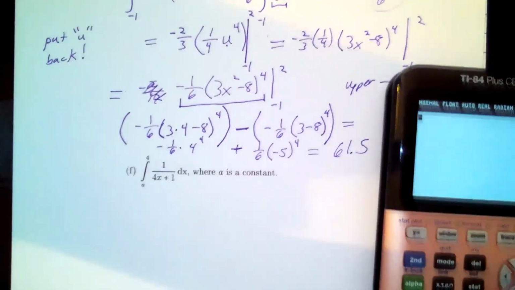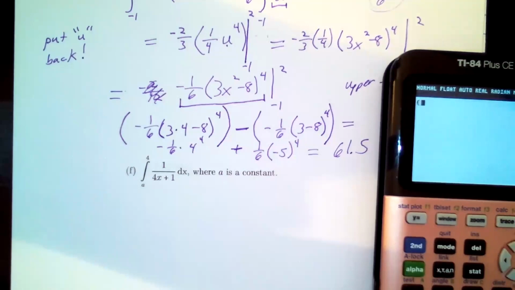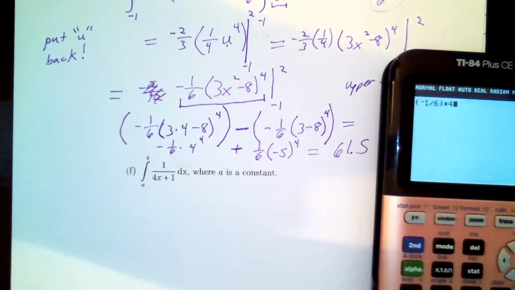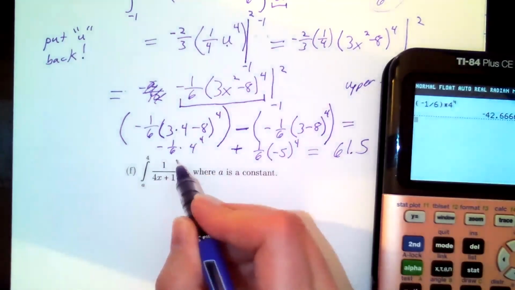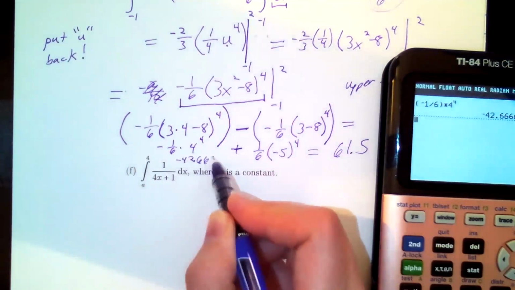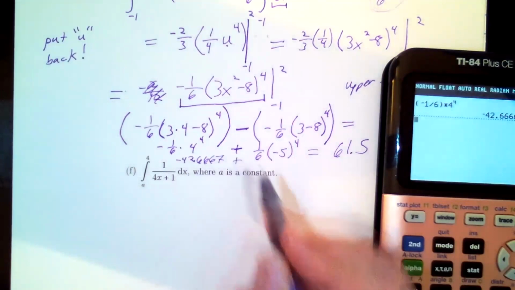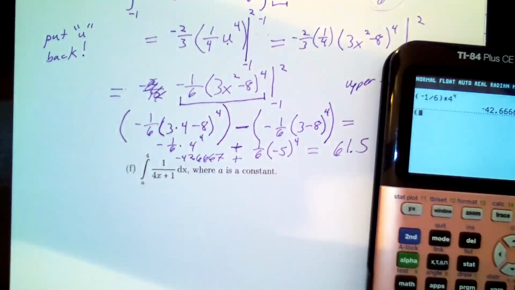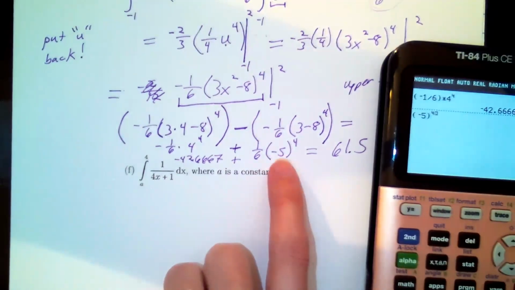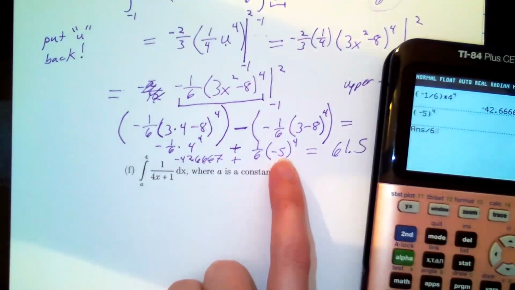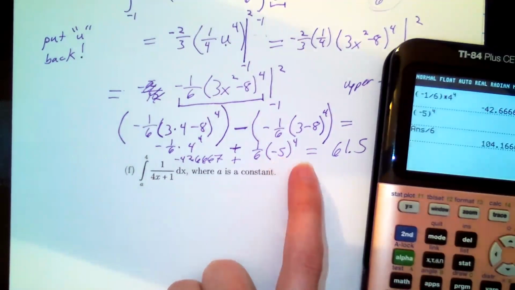Now I'm going to double check this real quick. -1/6 times 4 to the 4th. That's this term. -42.66667 plus, let's do this one at a time, -5 to the 4th, which is here, divided by 6, 104.